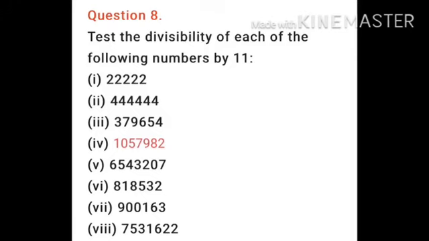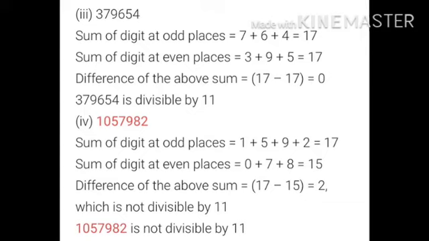Now I will take one more, part 4, which is written in red. Let us check why this number is written in red. Sum of the digits at odd places, 1 plus 5 plus 9 plus 2, which is equal to 17. Sum of the digits at even places, 0 plus 7 plus 8, is equal to 15.